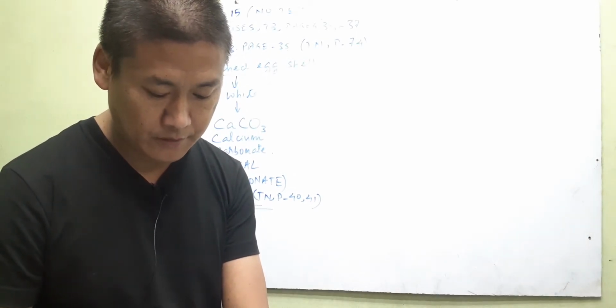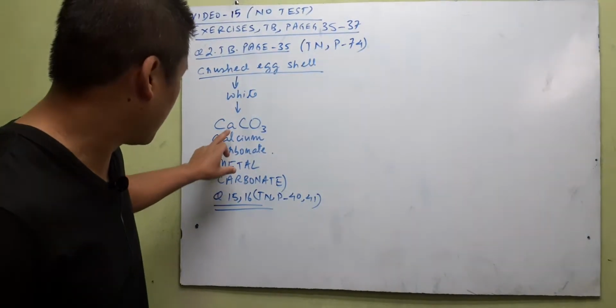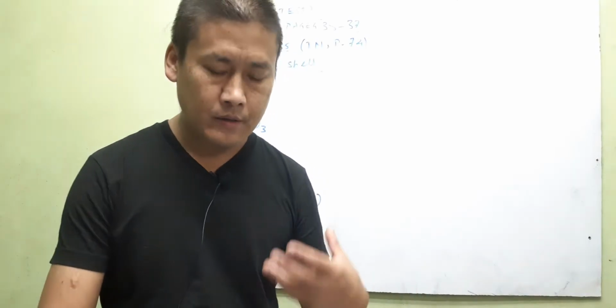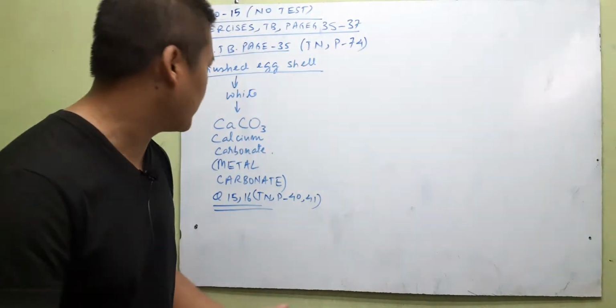Metal carbonate, which is this one here. Calcium carbonate is also a metal carbonate. Metal carbonate or metal hydrogen carbonate on reaction with acid produces what? Yes, the corresponding salt, water and carbon dioxide.